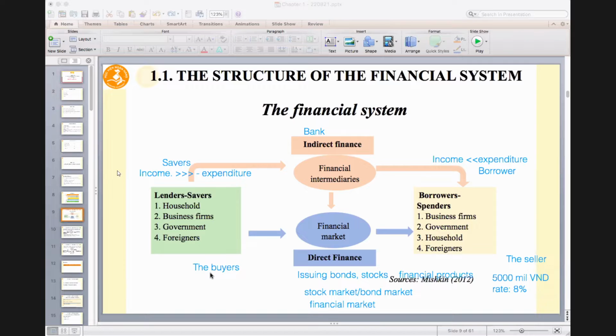And the buyer, when they buy the bonds from the firm, will pay 5,000 million VND and will receive the interest rate of 8%.